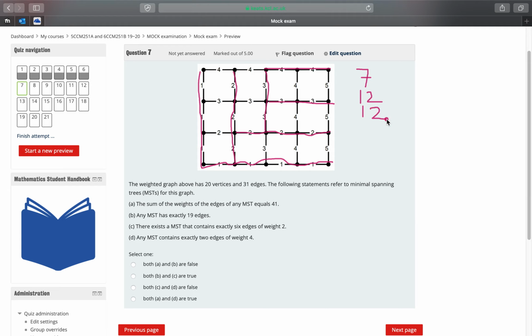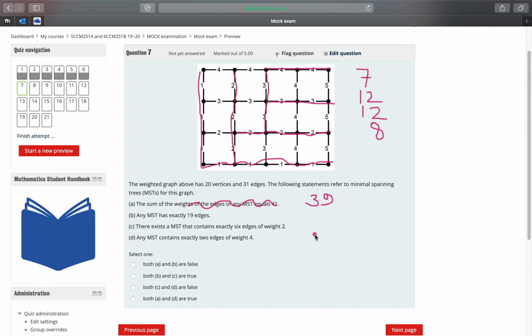And finally, we had only 2 edges of weight 4, none of weight 5. So the sum of those is 32, 39. So this 41 is wrong. It should have been 39. Any minimum spanning tree, the weights will add up to 39. So A is false.